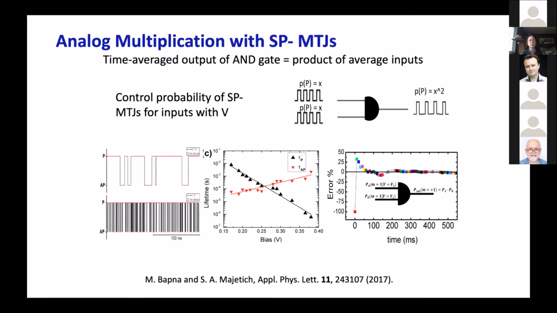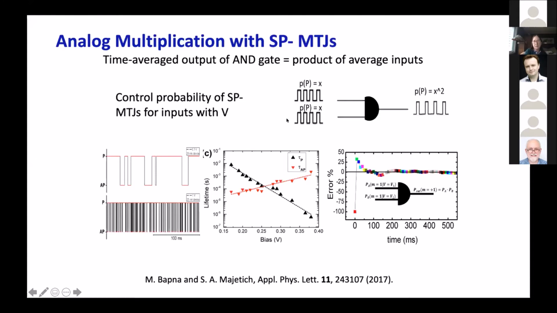And so we work preferentially with in-plane magnetization devices. And here's an example showing analog multiplication, where if you look at the inputs into a CMOS AND gate and you average the signal over time, the time average of the output is the product of the time averages of the inputs.